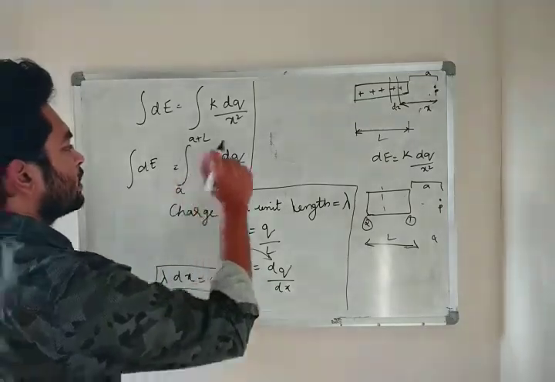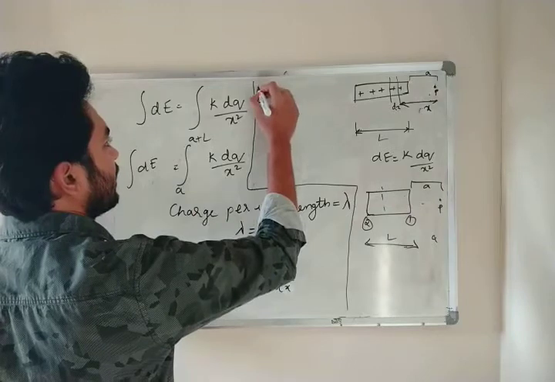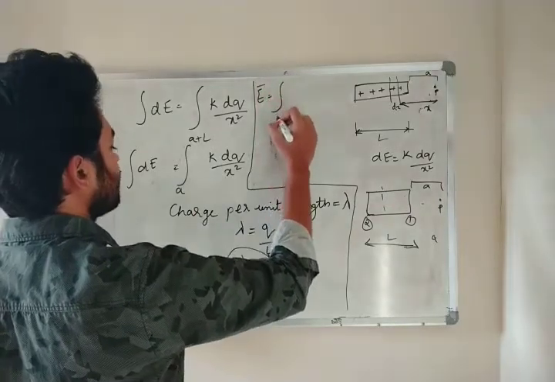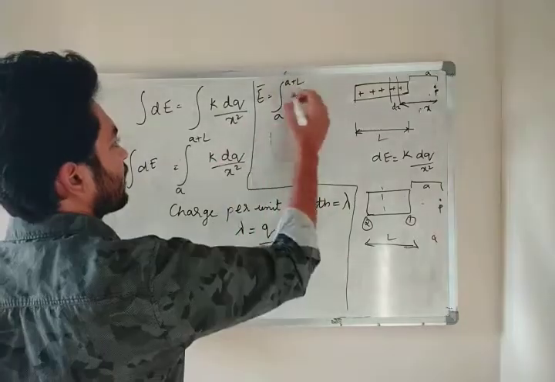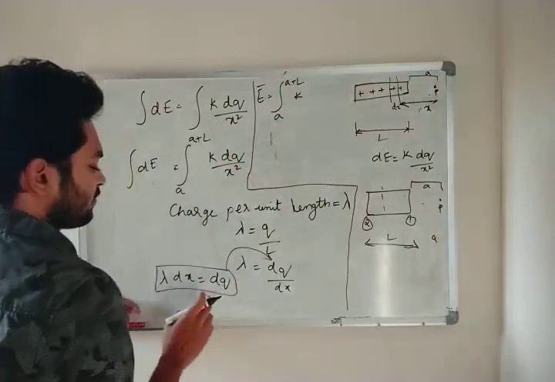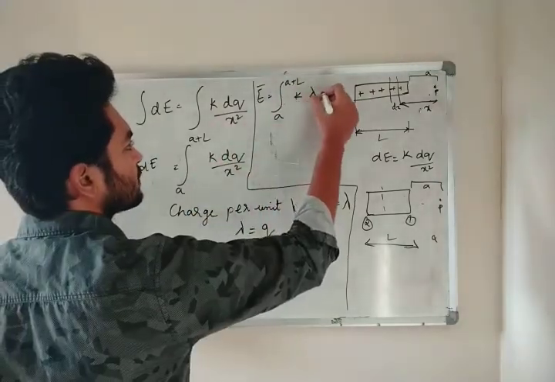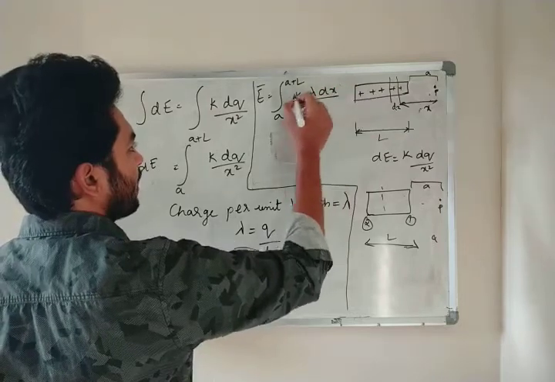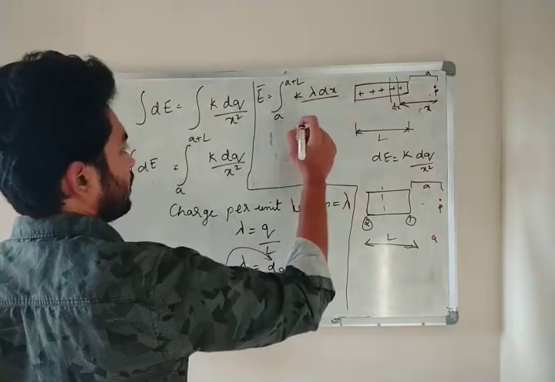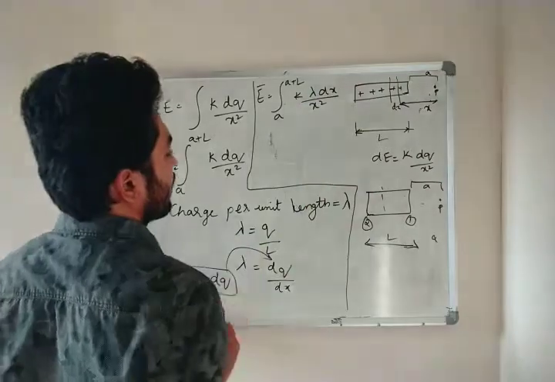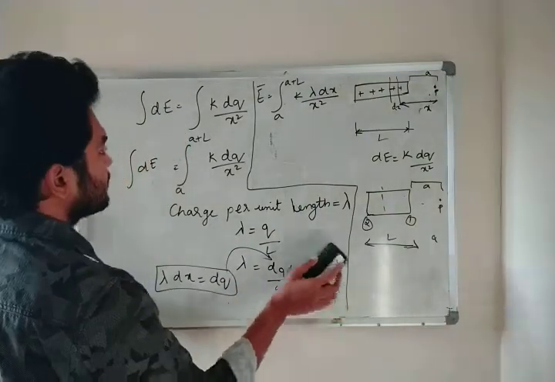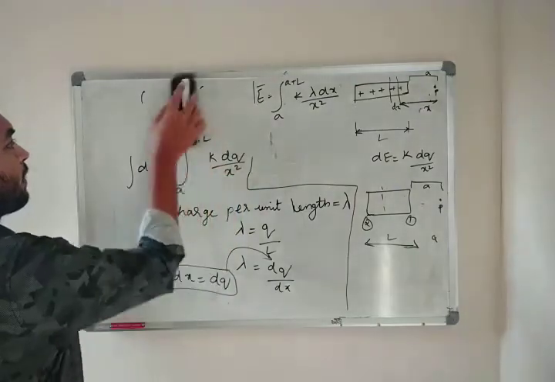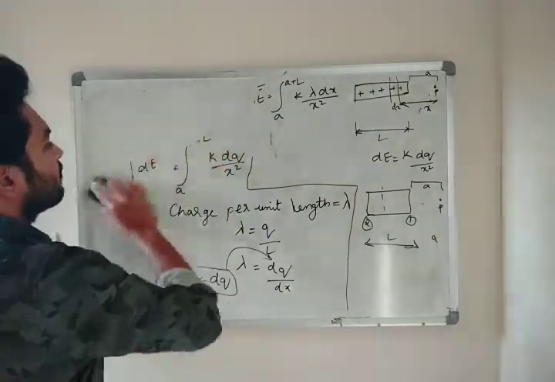So here the electric field E is equal to the integral from a to a plus L of k dq. In place of dq, what can I write? Lambda dx, by x square. Note this down. Now the next step, I hope you can calculate from here.